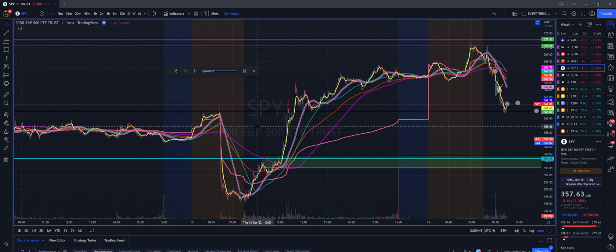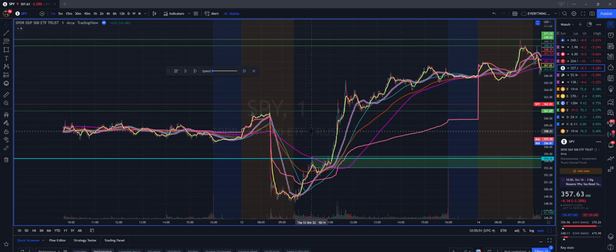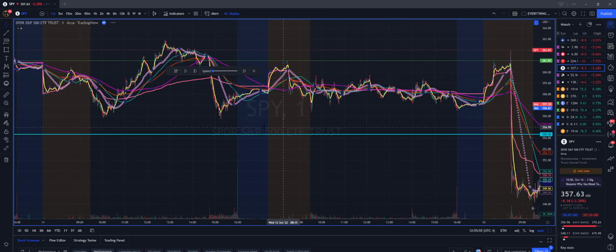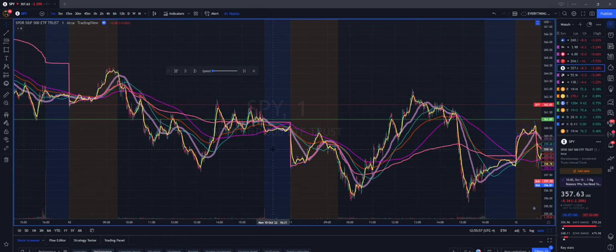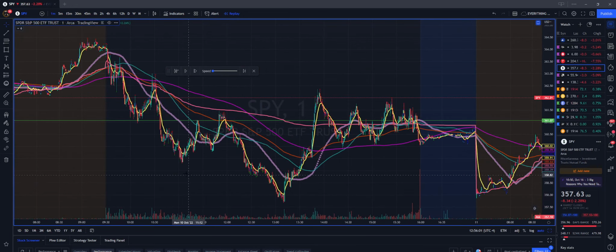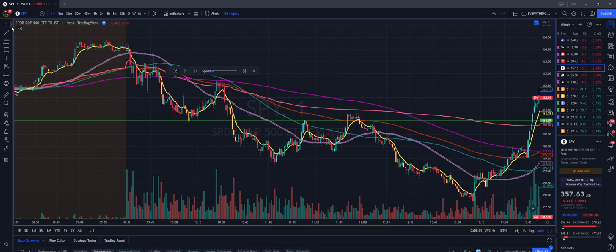For the 8 moving average, I'd recommend using it for scalping. I don't really recommend using it as an entry for a bull flag. I don't think it's very efficient. For example, this one, you waited until the 8 moving average could push through.